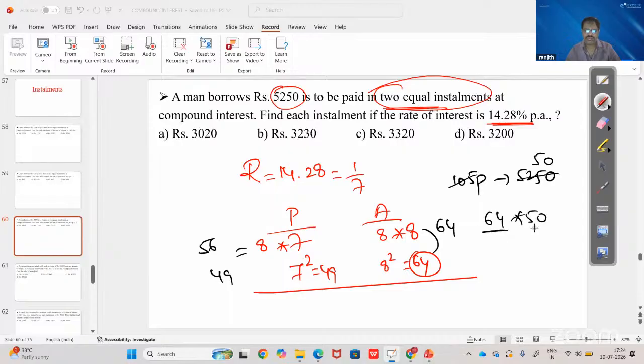So 64 into 50 will be equal to half of 64, and half of 64 equals 32.